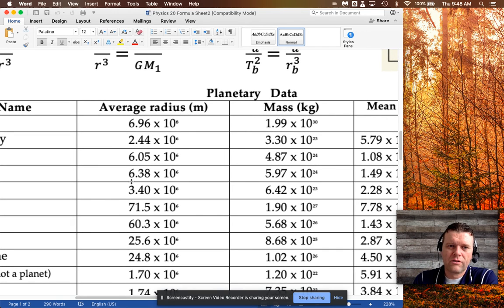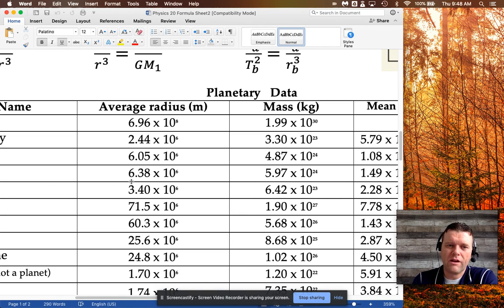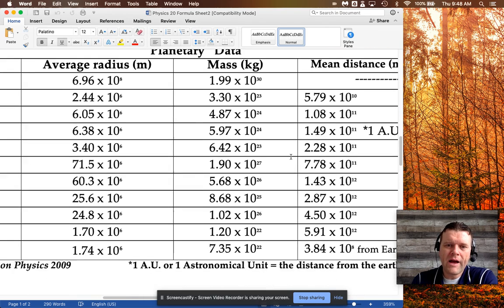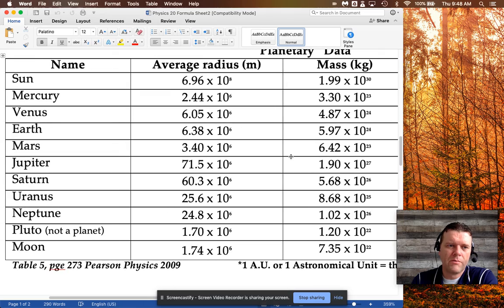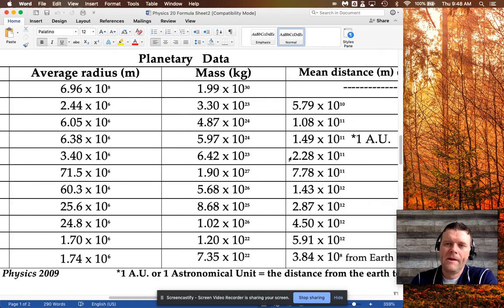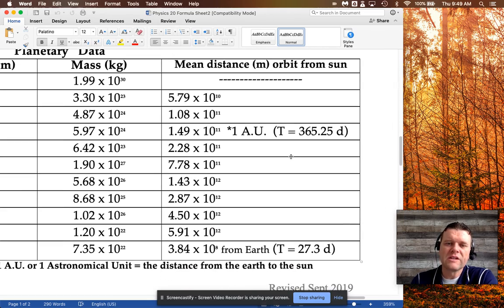That's the physical radius of the planet, if you happen to need that. But the masses of all the planets, including the sun, are listed. And then the distance. This distance is an orbital radius. That means it goes from the center of one planet to the center of the other, or to the center of the sun, because this is the distance from the sun. So you don't need to be adding the radius of the individual planets to this number or anything like that.